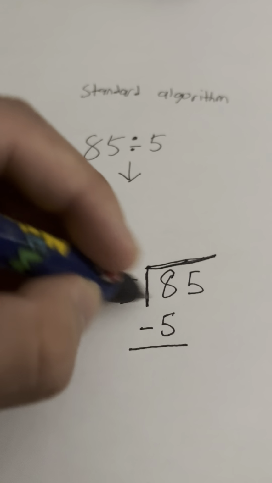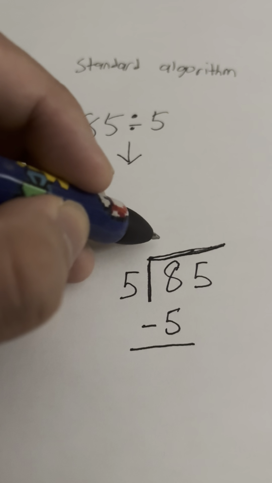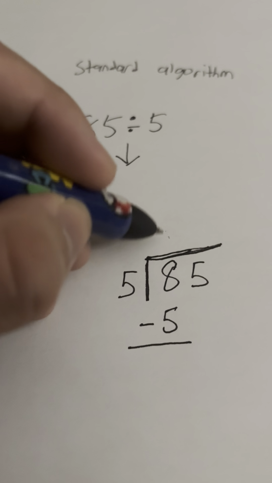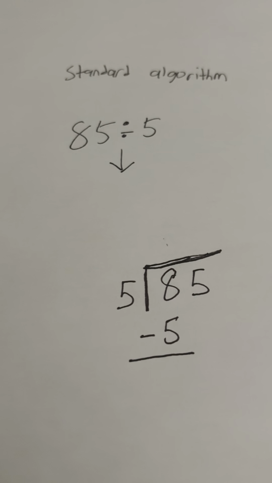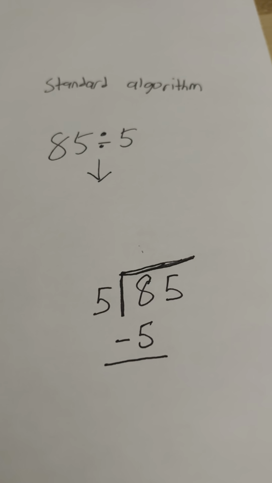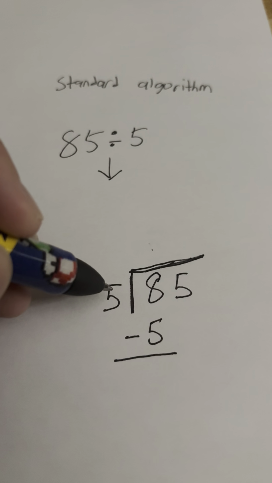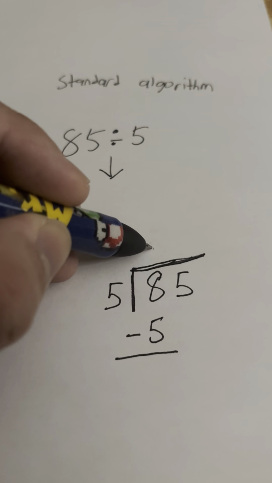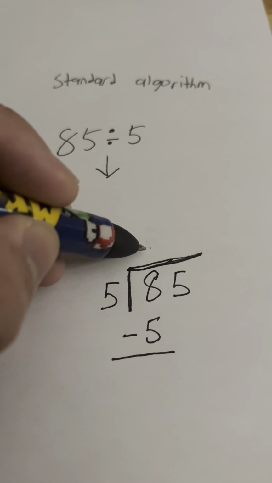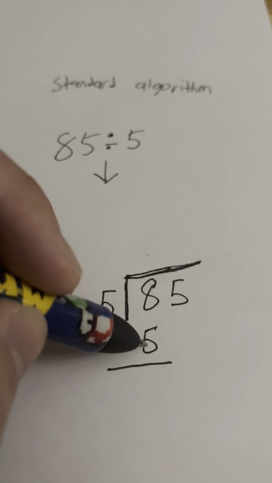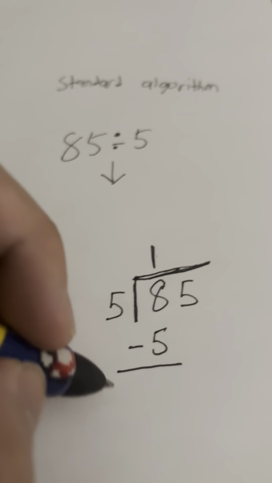Now, before you subtract, it's very important that you write a number on top of the 8. So what number, and feel free to pause this if I'm going too fast, or feel free to rewind this, because again, this is a YouTube video, you're going to ask yourselves, 5 times what number equals 5? 5 times 1 equals 5.